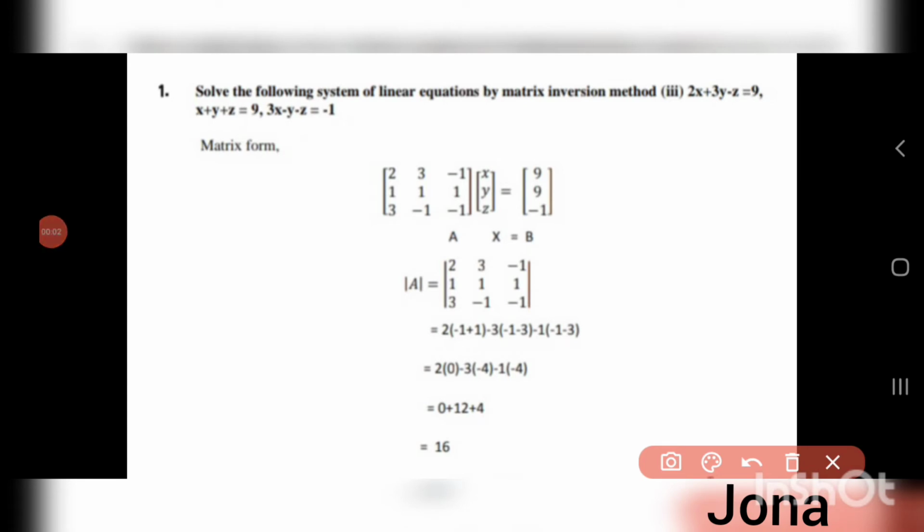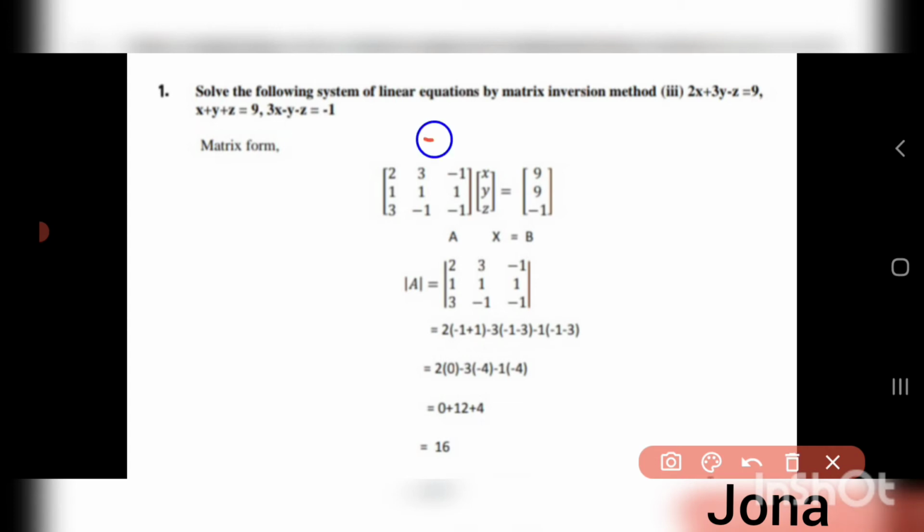In the first problem, third division, solve the following system of linear equations by matrix inversion method. Here the equations are given: 2x plus 3y minus z equal to 9, x plus y plus z equal to 9, 3x minus y minus z equal to minus 1. Let me write these equations in matrix format.